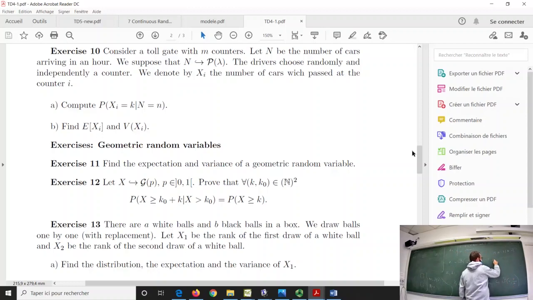So you have C(n,k) times 1 over m to the power k, times 1 minus 1 over m to the power n minus k, and this is true for k between 0 and n. Of course, it's not possible to have more or fewer cars that pass to the counter I than the total number of cars. Okay?